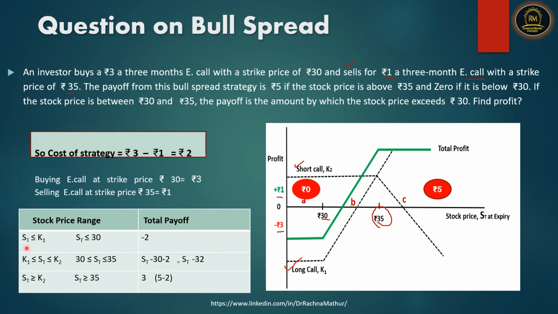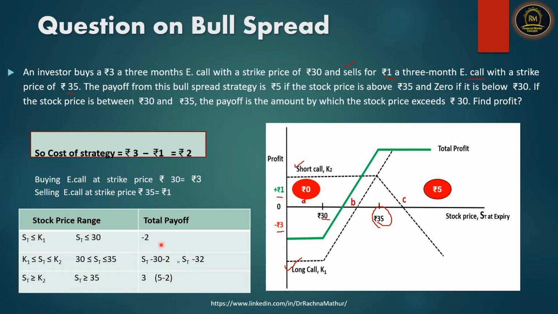First position: when the stock price at the time of expiry is lower than rupees 30, the lower strike. In this range, your long call will expire worthless. You are not going to buy from the option market; you are buying from the open market at the current market price, and your option will expire worthless.